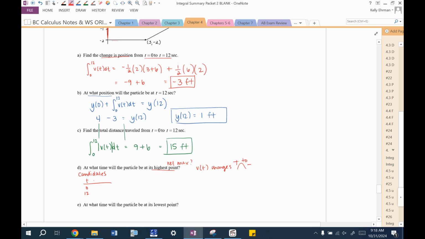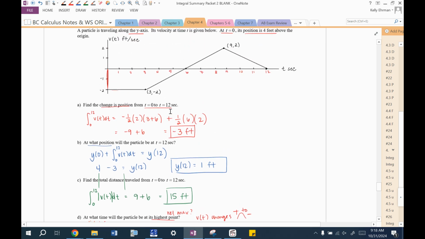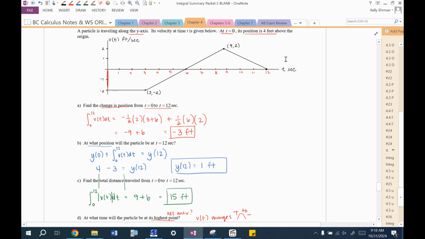So x of 0 is 4, and x of 12 we figured out was 1. So the highest point will be at time equals 0. What if I didn't have numbers to figure this out? Well, this area was negative 9, and this area was 6. So the particle is decreasing first, and then it increases, but it doesn't increase as much as it decreased.